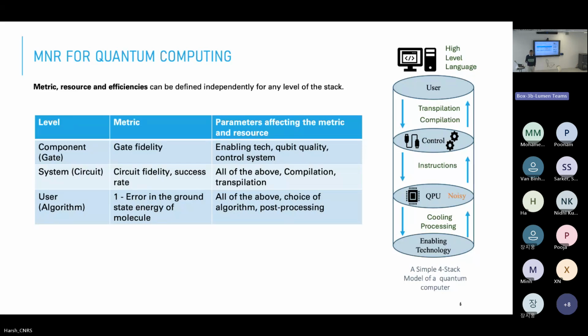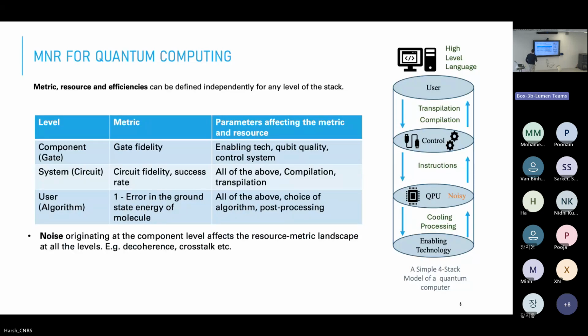So these tasks are typically EQE-oriented tasks, where you want to calculate the error in the ground state energy. In this case, what affects the metric of performance? Apart from everything that affects your circuit fidelity, your gate fidelity, and so on, it could also be the choice of post-processing, that is quantum error mitigation or other techniques. So you would have to invest more energy to get a better result.